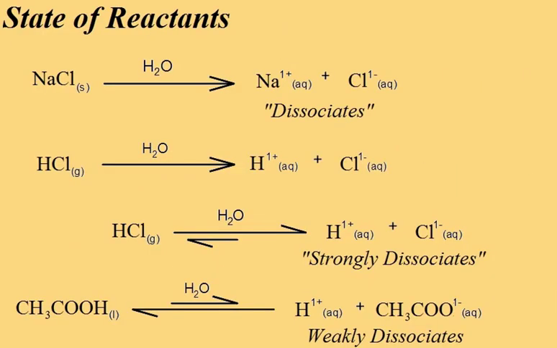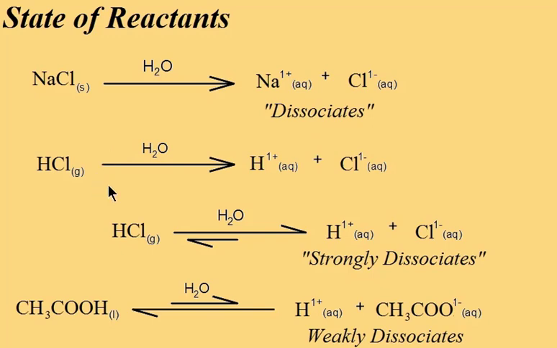So the first thing we're going to look at is the state of the reactants. We had learned in chapter 3 with ion chemistry that ionic compounds, when dissolved in water, are normally good at dissociating into individual positive and negative ions. They effectively break their bonds.